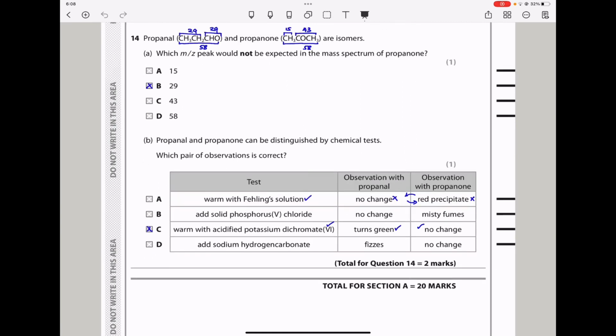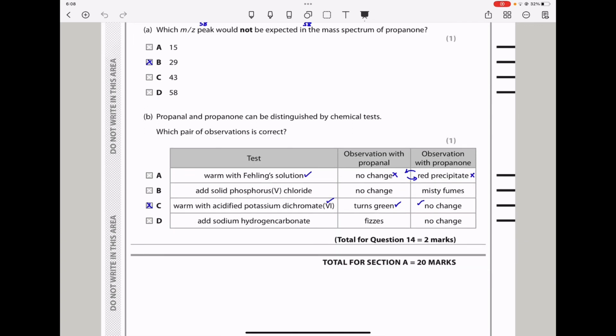Question 14b. Propanol and propanone can be distinguished by chemical tests. Which pair of observations is correct? From A, we can use Fehling's solution. That is correct. However, the observation with propanol is no observable change. With propanol, we see a red precipitate, and the observation with propanone is no change. So this should be switched around, meaning A is wrong. B, they say add solid phosphorus pentachloride.